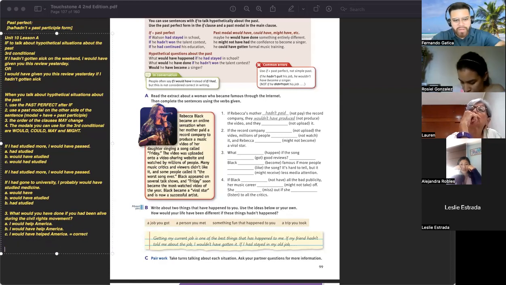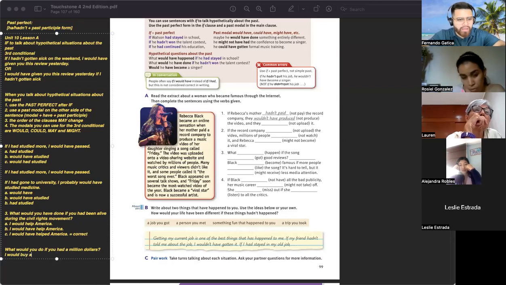For example, what would you do if you had $1 million? I would buy a lot of apartments. And all of this is about the present or the future.